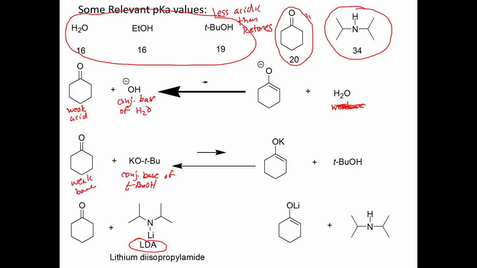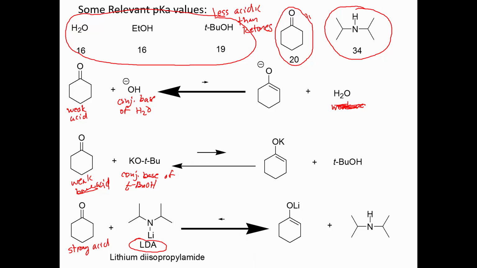This is an important abbreviation to remember: LDA, lithium diisopropylamide. This is a very commonly used base in organic chemistry. It is the conjugate base of something that has a pKa of 34. So when you look at this reaction, this is the strong acid, so the equilibrium is going the opposite way.